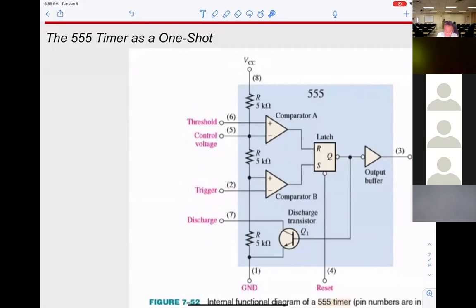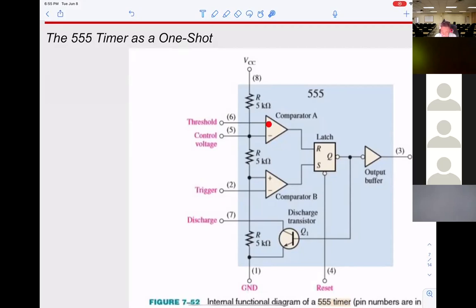First thing you know, this block here will be a comparator. Okay, how does it work? It compares the positive input and the negative input.